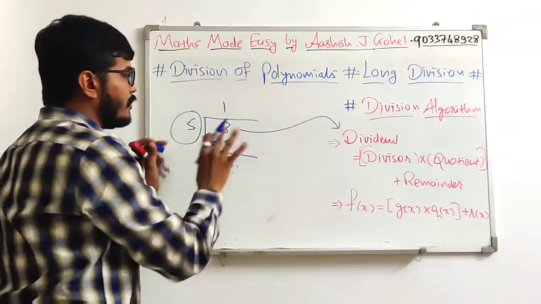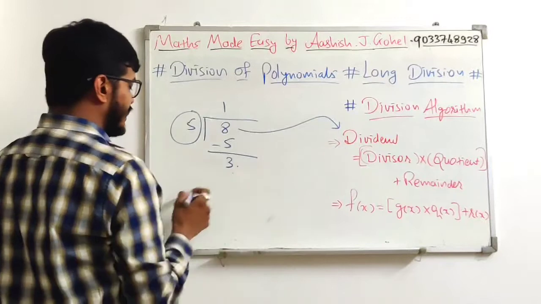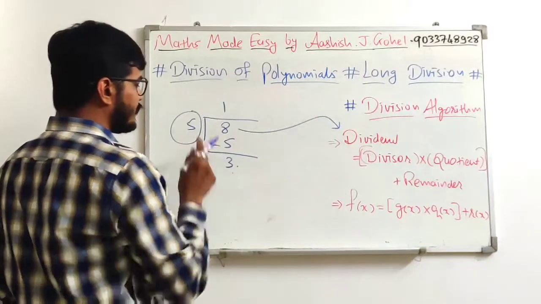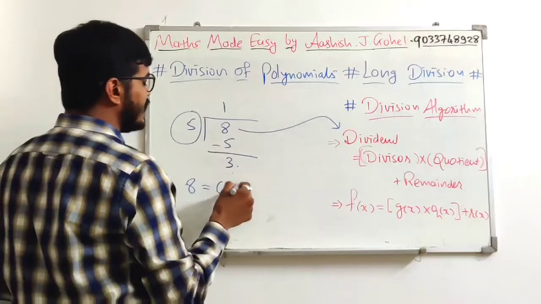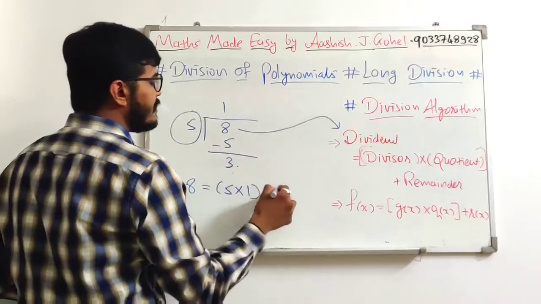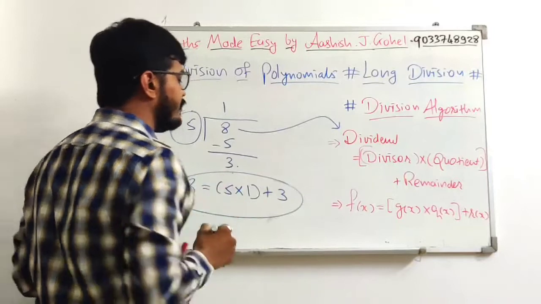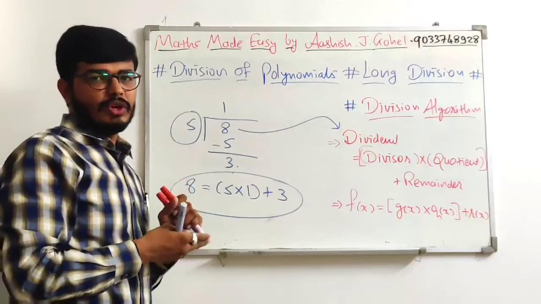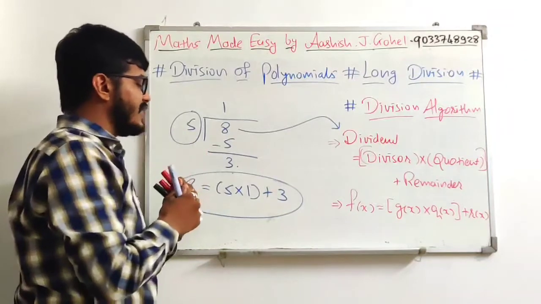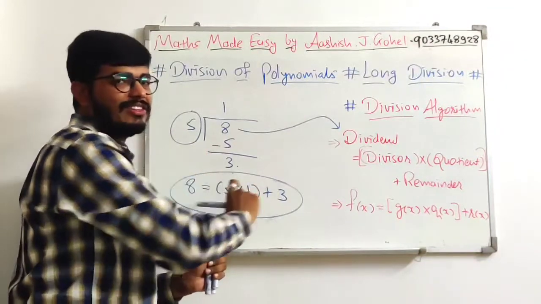So the formation will be like this: dividend is equal to 5 into 1, that means divisor into quotient plus remainder. This is the formation by which you can get the answer of division. If 8 divided by 5 is given, then the algorithm can be made like this.